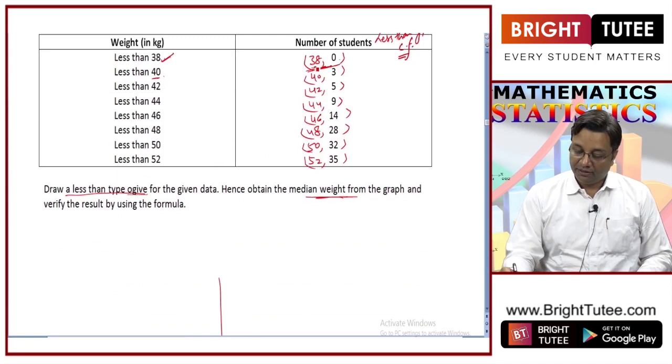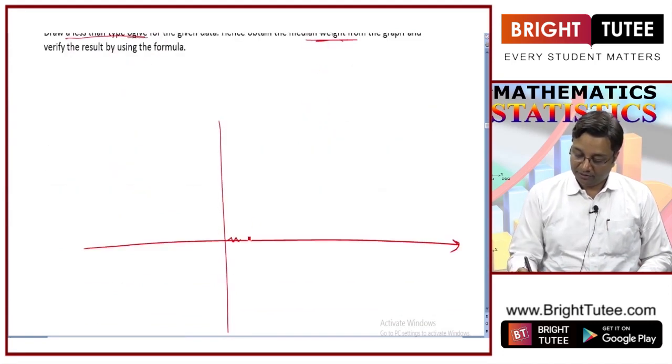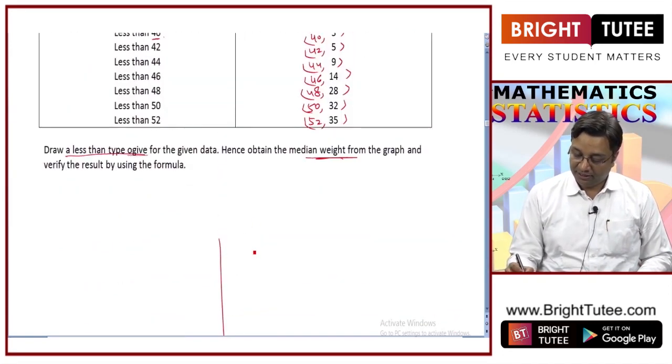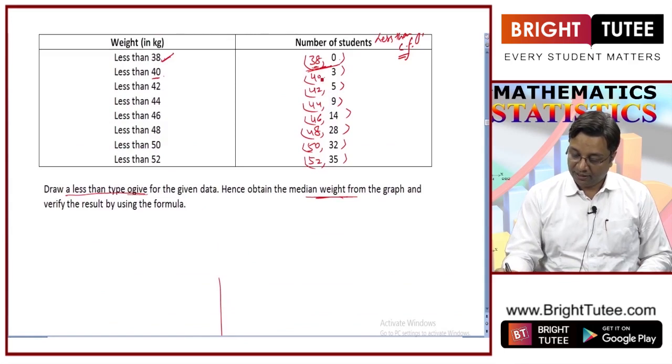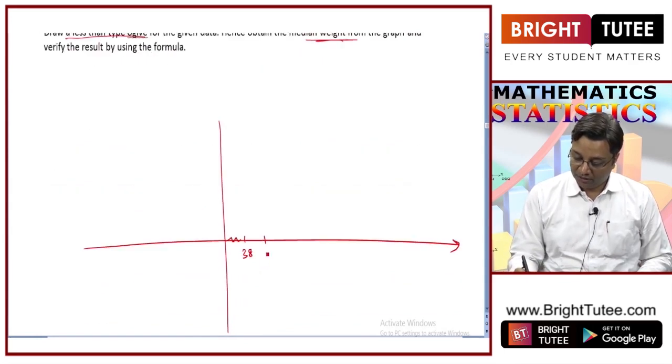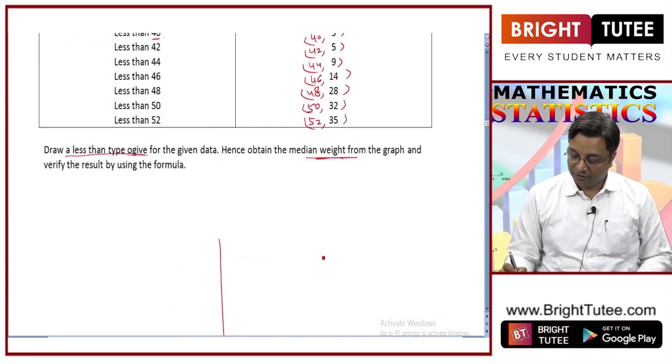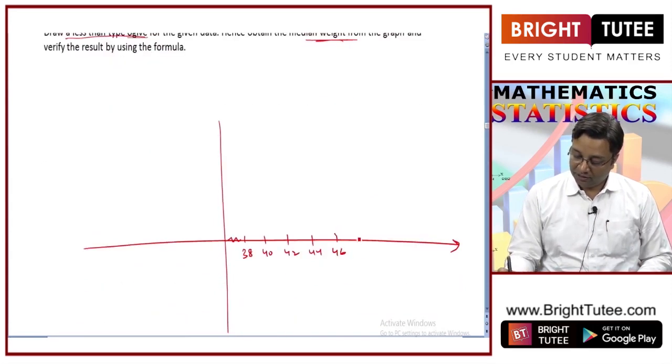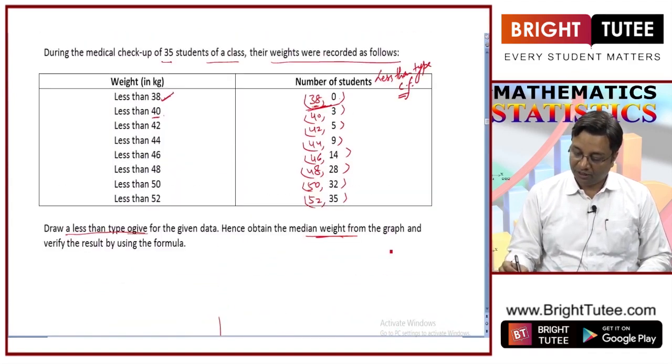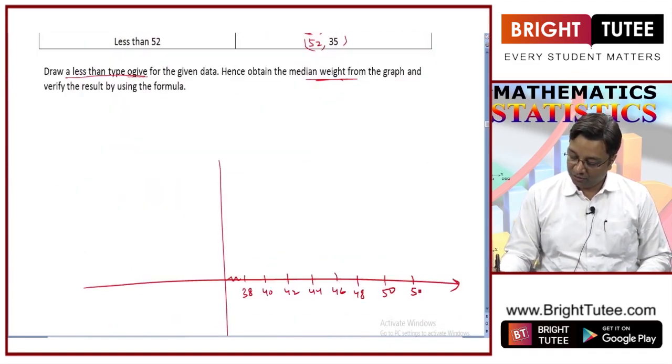Then we need 38. Let us write 38 here, and then there is a gap of 2. So let us write 40, 42, 44, 46, 48, 50 on the x-axis and 52 also.